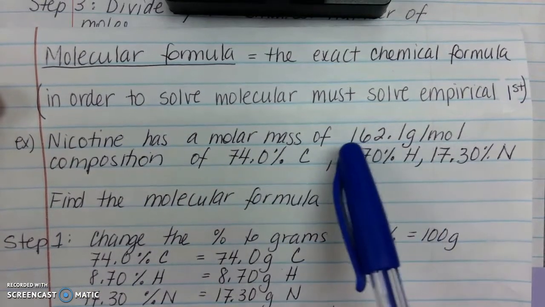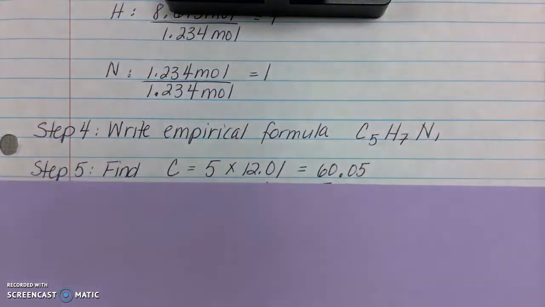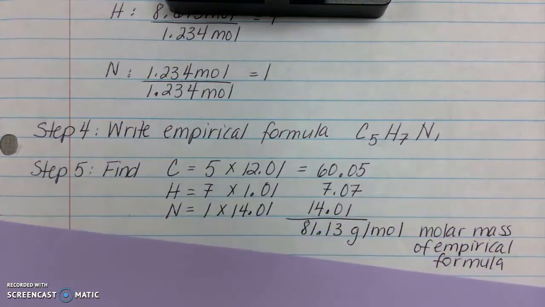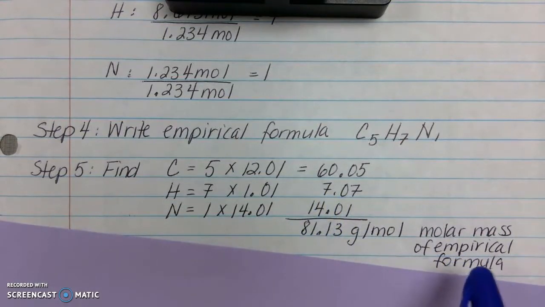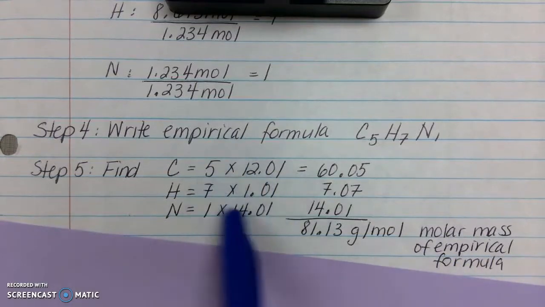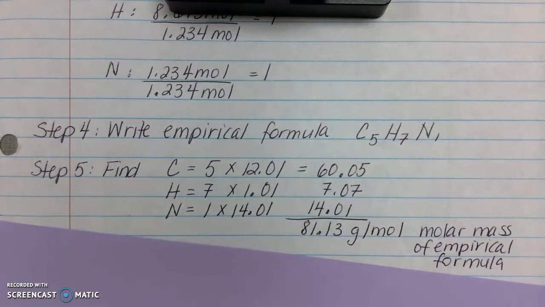With this information, I also gave you the molar mass, and this is now necessary to refer back to. So we need to calculate the empirical formula's molar mass by using the periodic table. Again, refer back to the video on calculating molar mass if you don't know how. We've done the work for calculating molar mass. Again, at any point during this video, you can pause and write this information down. I considered that step 5 since it's a continuation from writing the empirical formula.